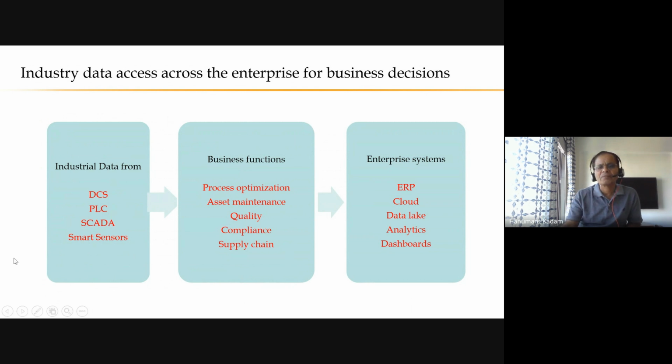Asset maintenance, quality related, compliance related, maybe supply chain related. This data is now taken from your control system to the business functions. Though these functions are again within your organization boundary, some of the same data further goes to the enterprise systems.